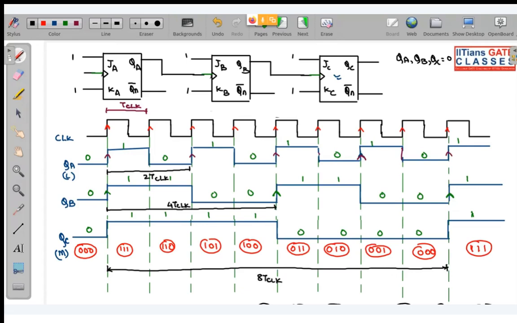So if the frequency is FCLK, for QA it will be FCLK by 2. Over here it will be FCLK by 2 to the power 2, that means FCLK by 4, and over here it will be FCLK by 2 to the power 3, or FCLK by 8. So sometimes this is also known as divide by 8.